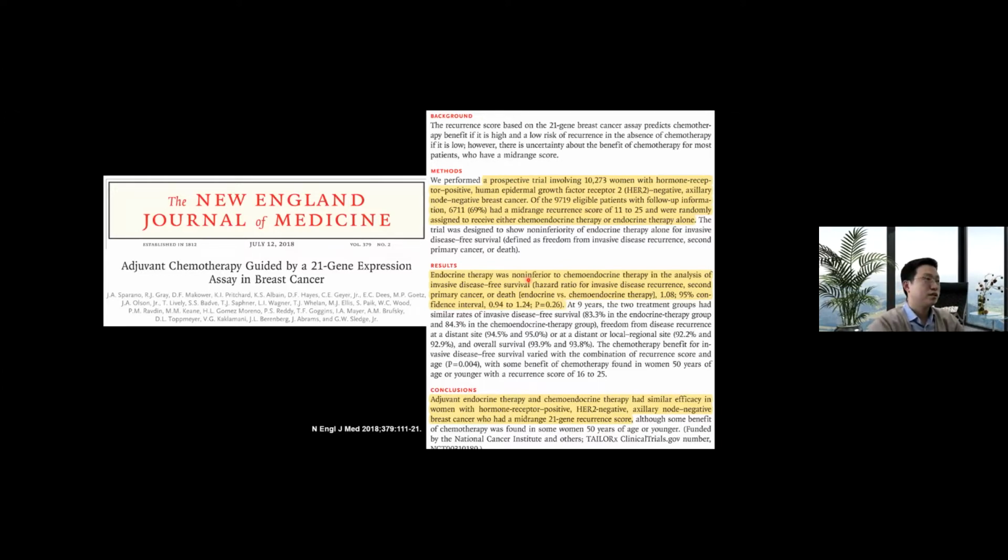So based on that finding, those patients can be treated with endocrine therapy alone. Cytotoxic chemotherapy is not recommended in this subset of patients. So the progress from the previous study is that the recurrence score is higher than 11, and there is no T staging or tumor size restriction.